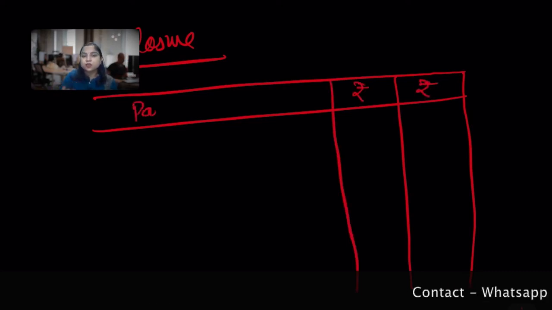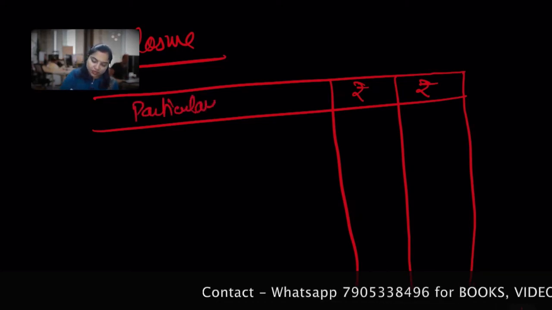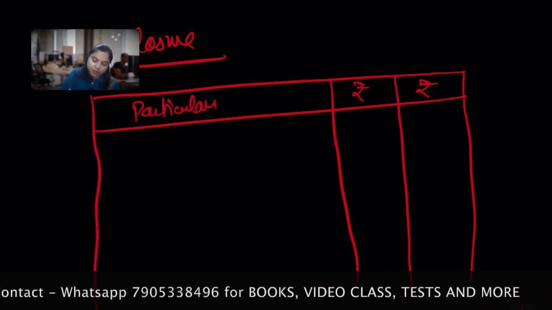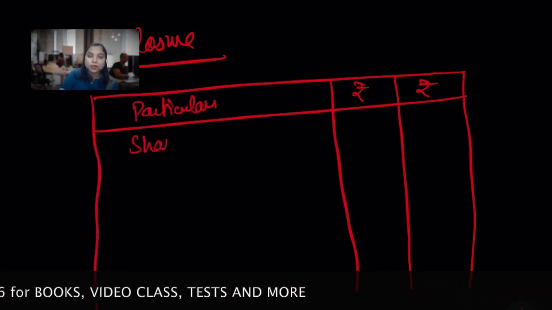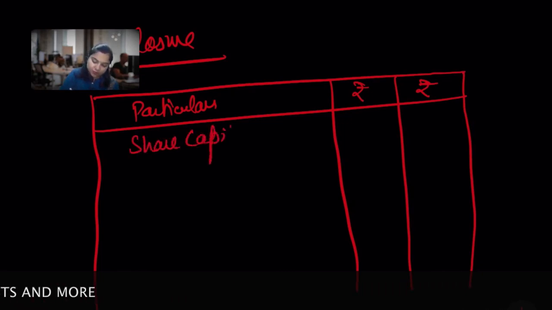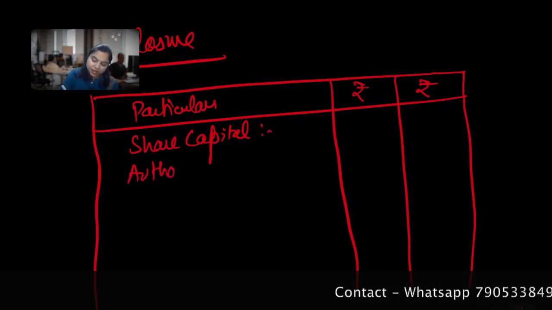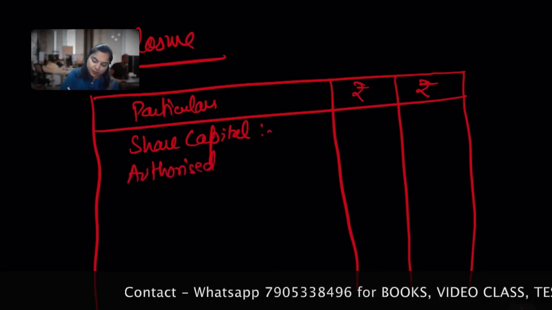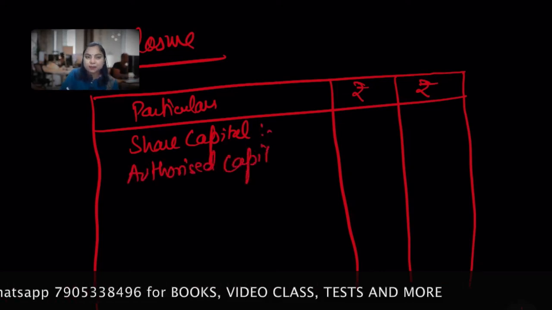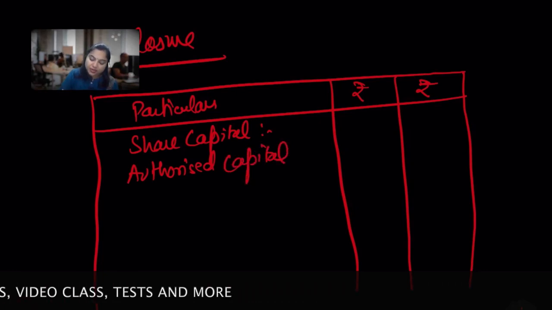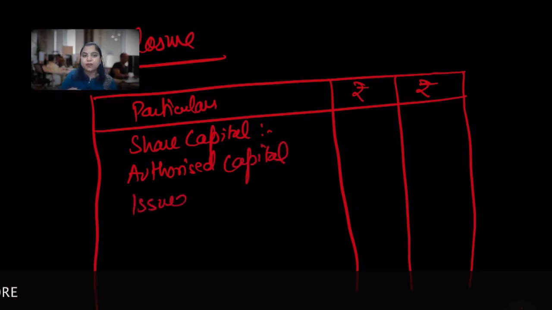Okay, so there is a requirement of a balance sheet, so you have to prepare it like this with particulars. Then you have share capital. Under the share capital you have authorized capital. Again, it depends on equity or preference shares, you divide each.